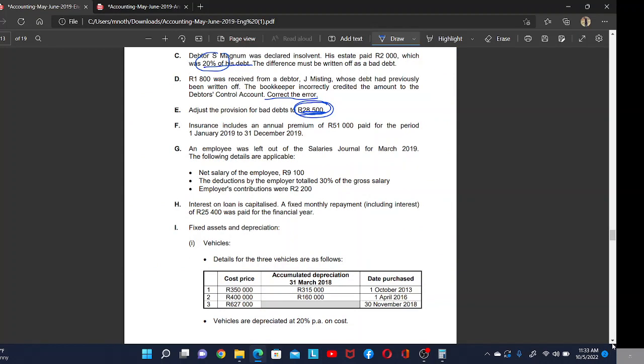Insurance includes an annual premium of 51,000, paid for the period of 1 January 2019 to 1 December 2019.